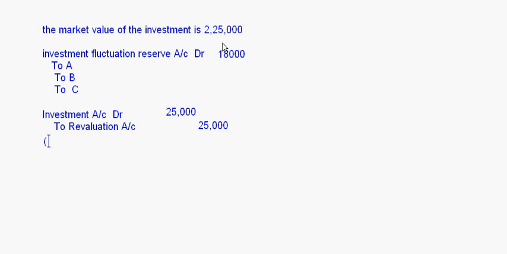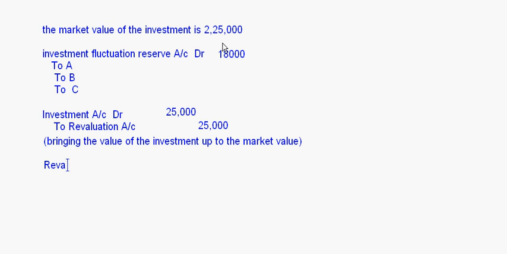So this is basically you're bringing the value of the investment up to the market value, right? And after that, this revaluation account or whatever amount you have put, that will be transferred to the partner's capital account. So this 25,000 will be distributed to A, to B and to C, right?